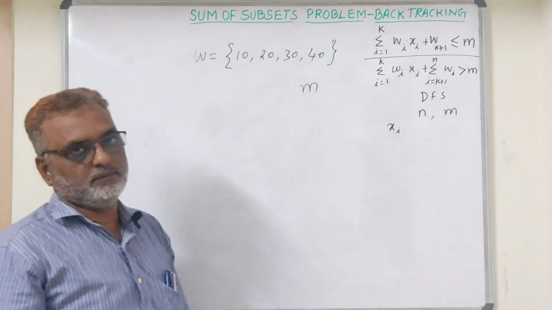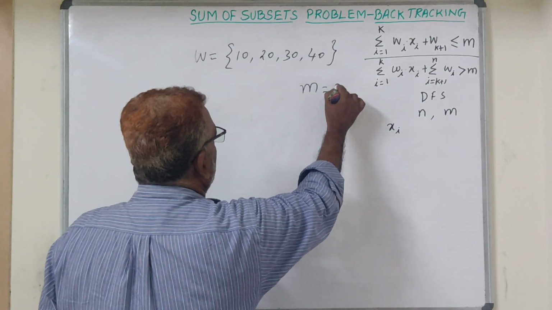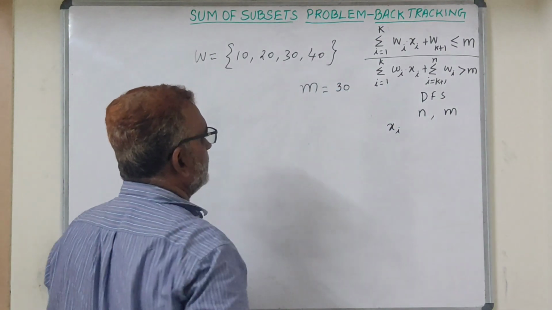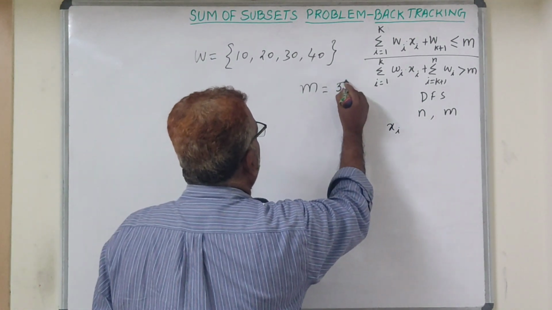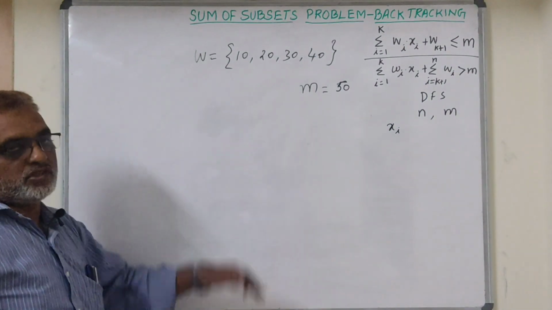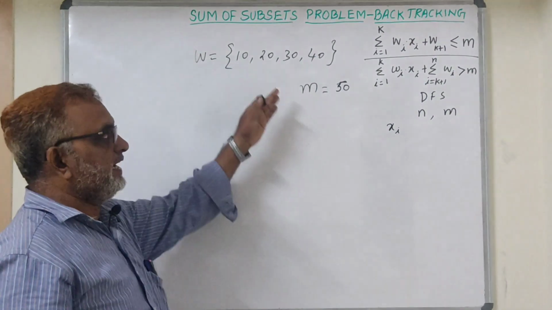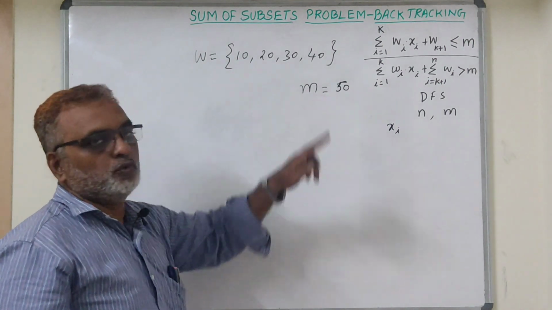This is a given. For example, in this case, if m is equal to 30, correction, 50. If it is 50, in such a way you have to select the weights. The sum of the weights should equal 50.